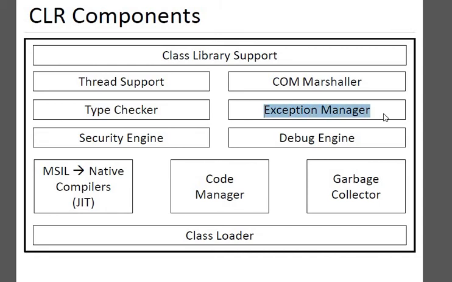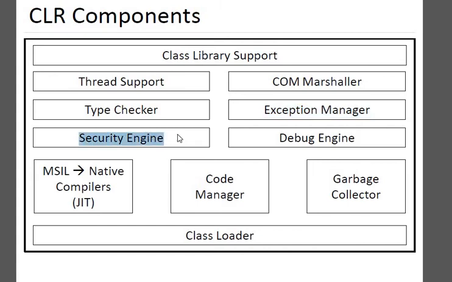Then the next block is the exception manager. The exception manager in the CLR handles the exceptions regarding .NET languages that are created in an application. For a particular application, the catch block of the exception is executed in case they occur, and if there is no catch block, then the application is terminated.